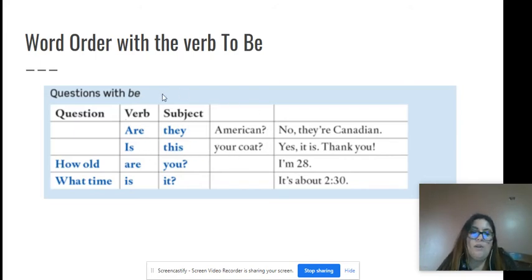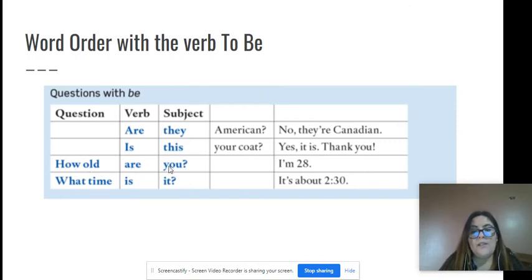What happens with the other questions? With informative questions, we need to start with the WH word. In this case, we have how old. Remember in Spanish, how old we used to ask for age. Preguntar sobre la edad. So, how old, verb to be are, subject you. How old are you?